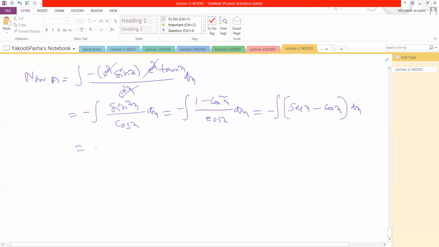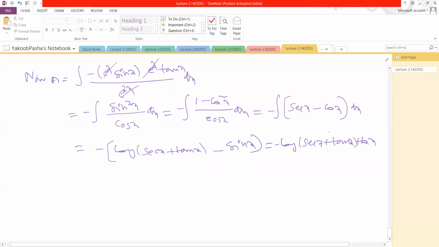Now this is equal to minus integration of sec x, integration of sec x is log secant x plus tan x, minus integration of cos x, that is sin x. So this is equal to minus log secant x plus tan x plus cos x.